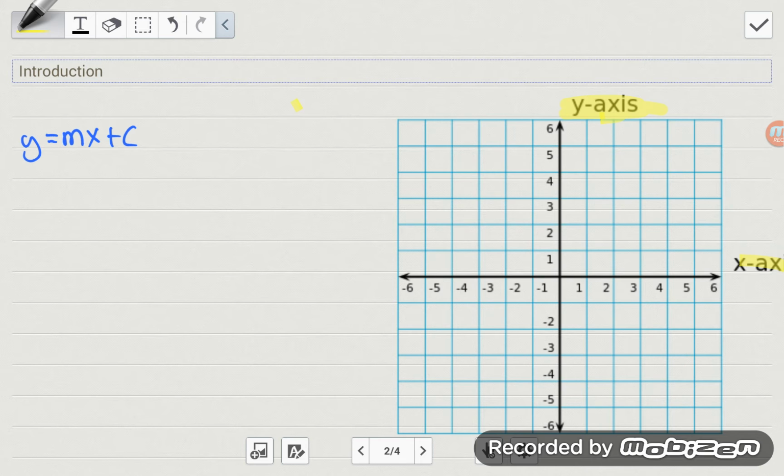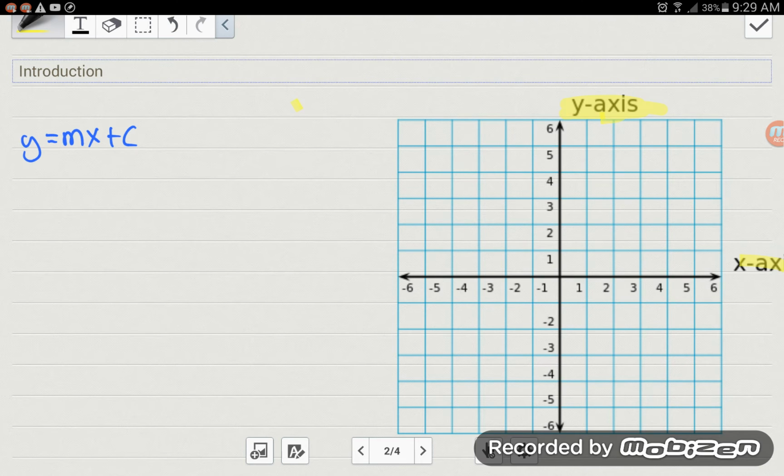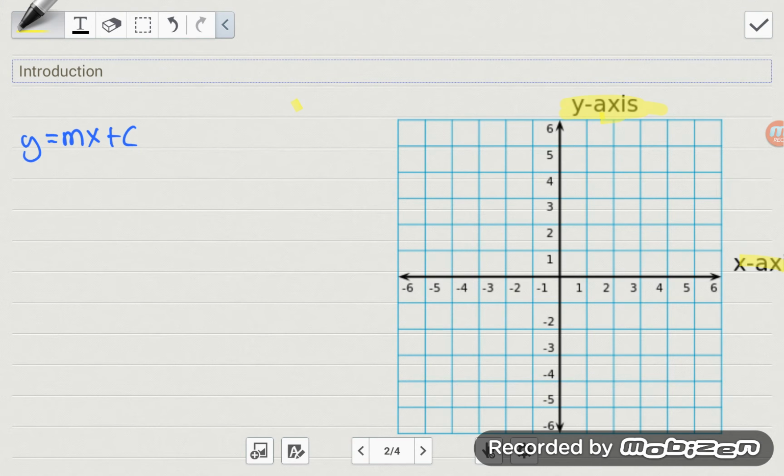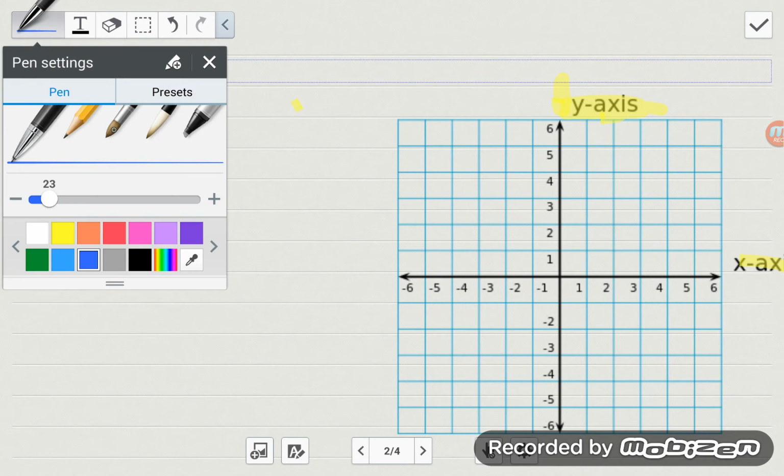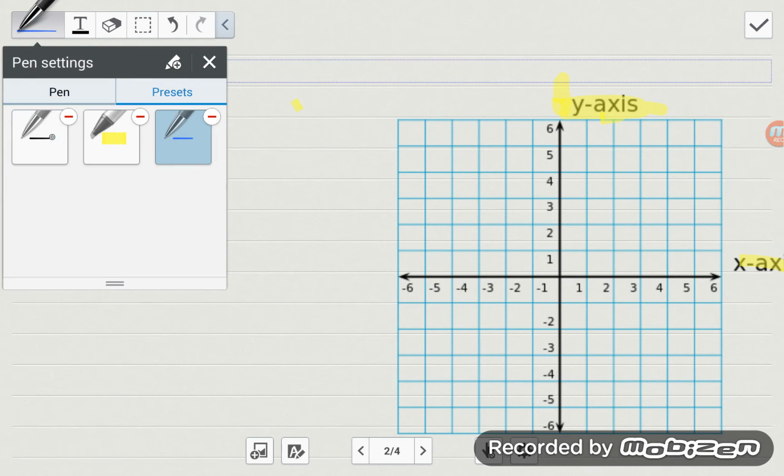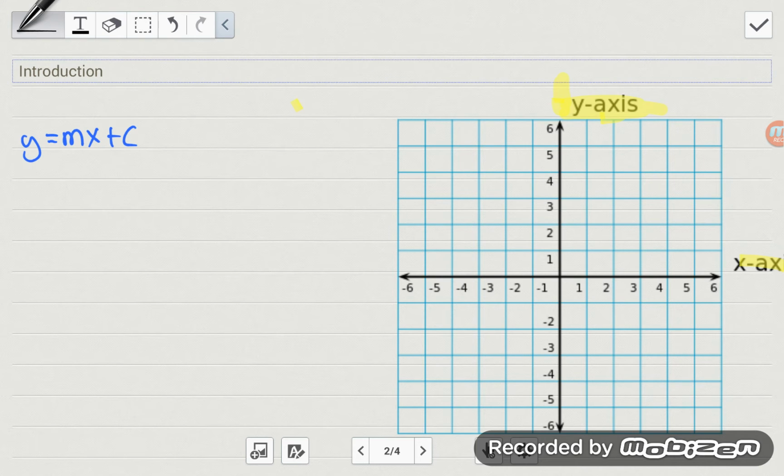The c is the y-intercept, which is where the line goes through the vertical line, the y-axis. Fairly simple. So the first thing we should do is isolate the m and the c to sketch the line. The m is the gradient, just to remind you, and the c is the y-intercept.